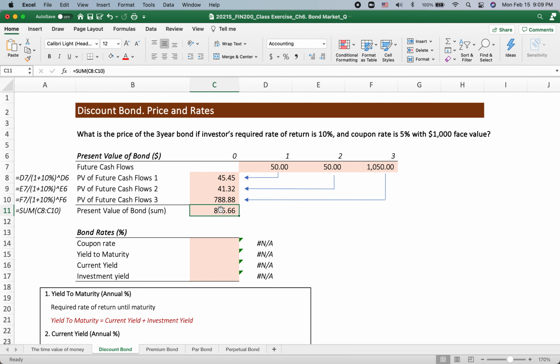If you are an investor of this bond, you pay $875 today, but you will receive $1,000 at the end of maturity, year 3. But you will receive only $50, which is 5% interest every year, even though your required rate of return is 10%.